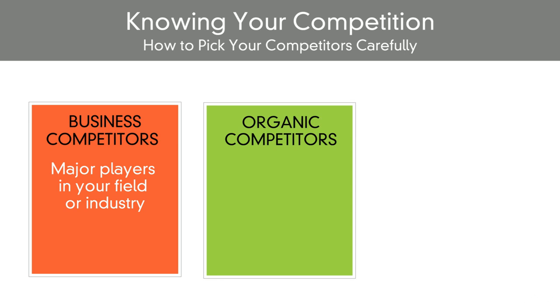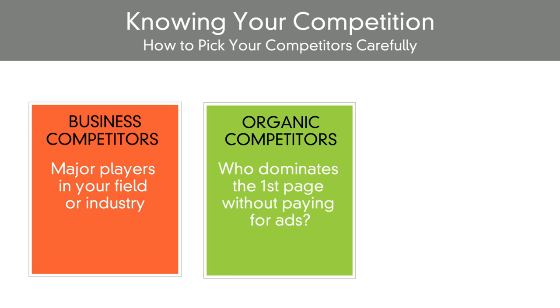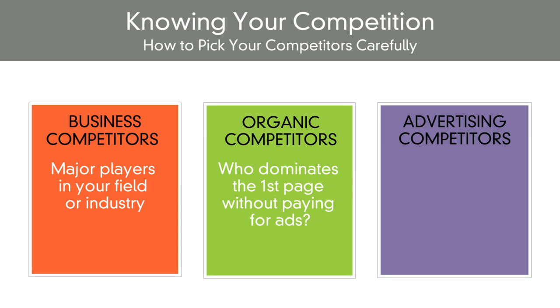The second type is the search engine organic competitors. These are mainly the competitors that take the most real estate on the first page of Google organically, without paying for advertising. The third type are the competitors that are paying for advertising.